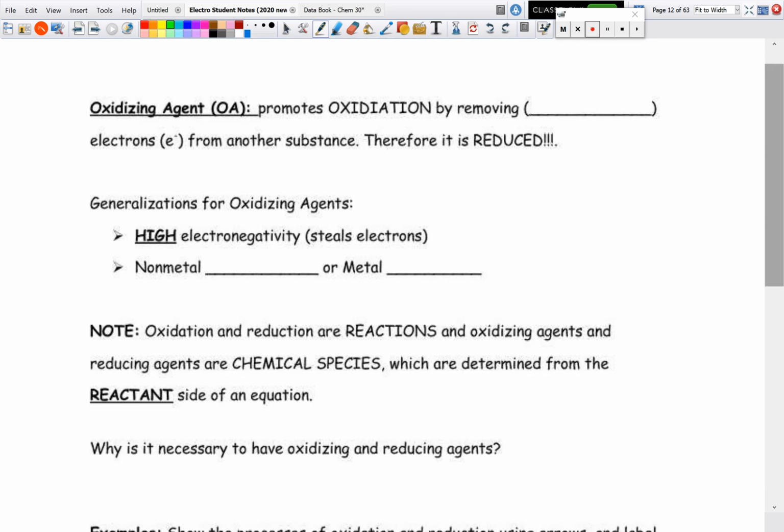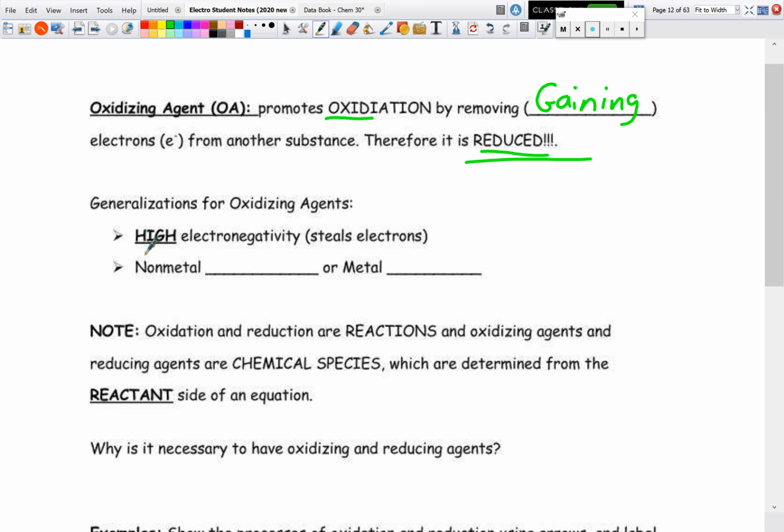Now, oppositely, our oxidizing agents promote oxidation by removing or gaining electrons from another substance, so in effect they are reduced.